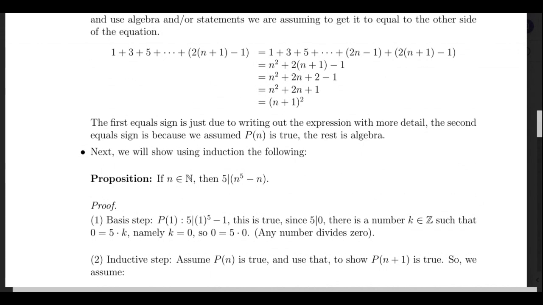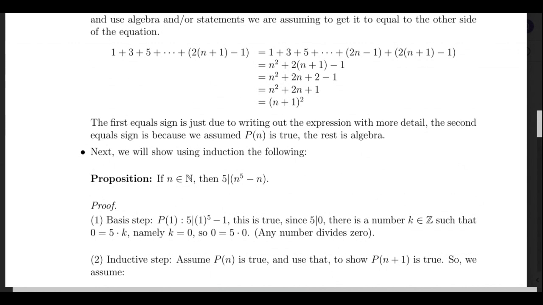But there are other proofs that can be done using induction. Remember one time we proved by contradiction that there are infinitely many prime numbers, right? We can also prove that by induction.